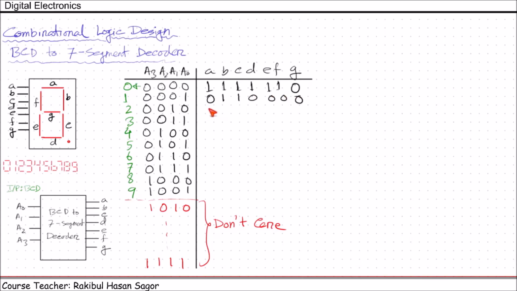To represent 2, A, B, G, E, D are to be 1, others will be 0.